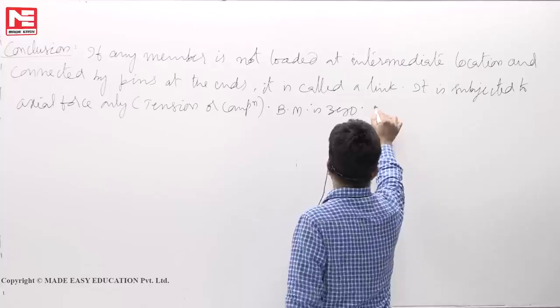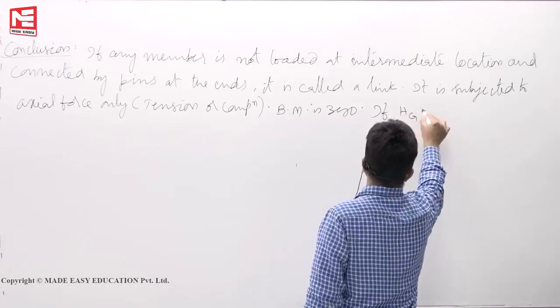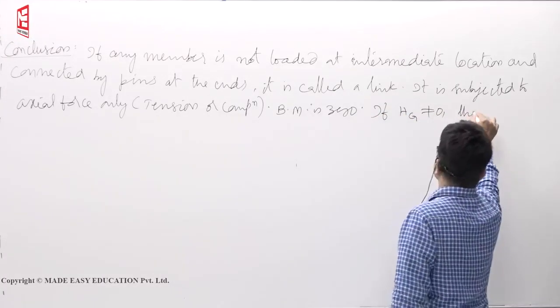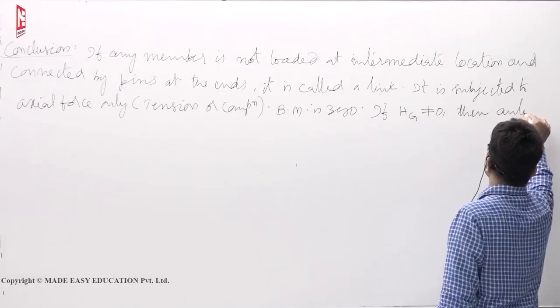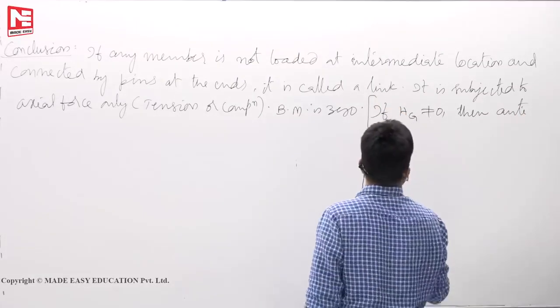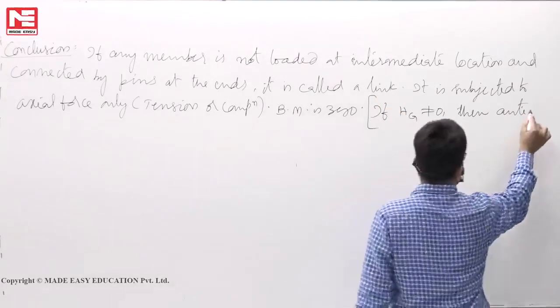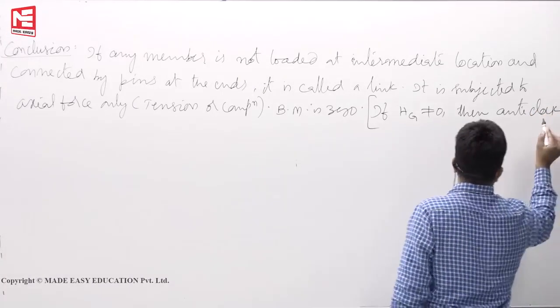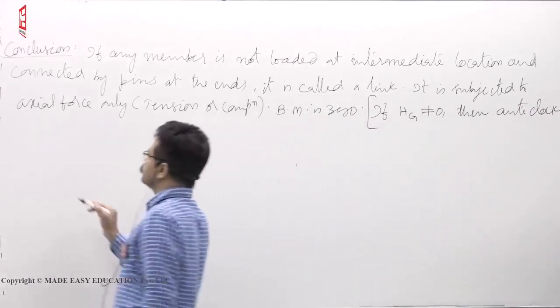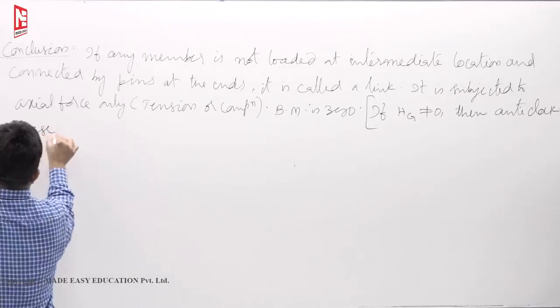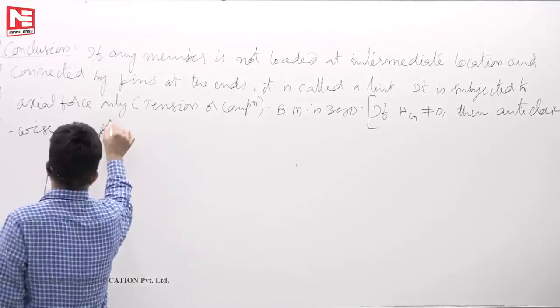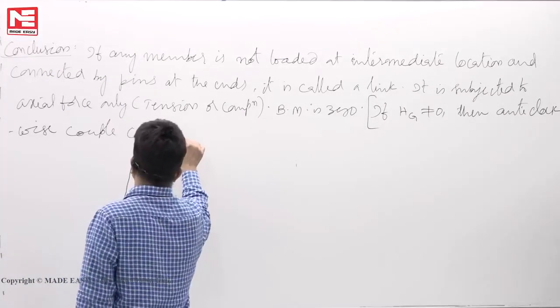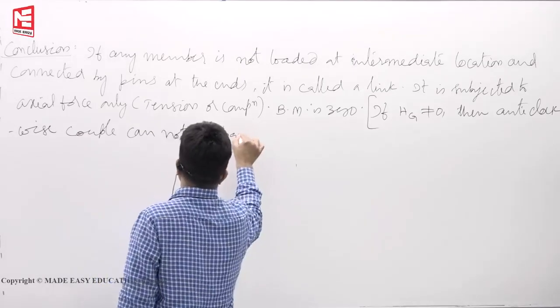In this case, if Hg is not equal to 0, then anti-clockwise couple cannot be balanced.